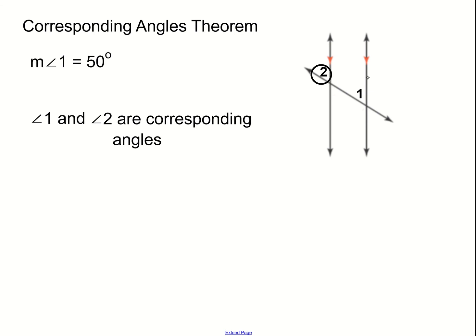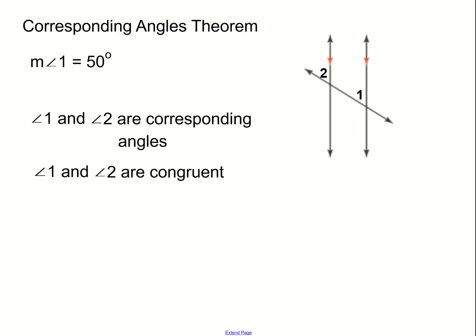Notice that they're both below, they're both to the left of the blue line, and they're both also above the red line, and so therefore they occupy the same type of position. And so we can say that they're corresponding, and by the corresponding angles theorem, that means that they have to be identical, they have to be congruent, and so that means the measures are both 50 degrees.